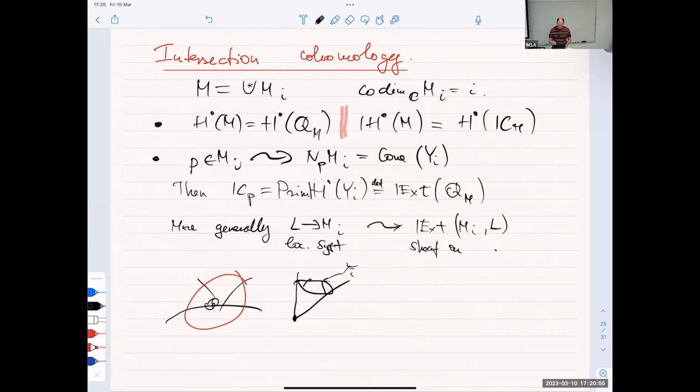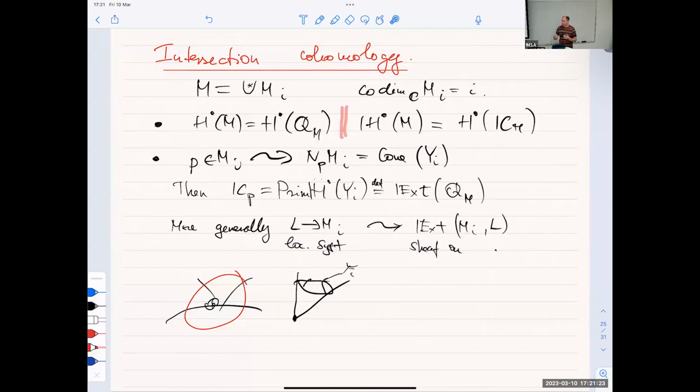Okay, so I take this Y_i, and by induction suppose I already know for smaller dimensional things how to look at intersection cohomology. So this is the intersection cohomology of this Y_i. And then I need to take the primitive cohomology of the intersection cohomology of Y. The primitive cohomology is the usual Lefschetz primitive cohomology.